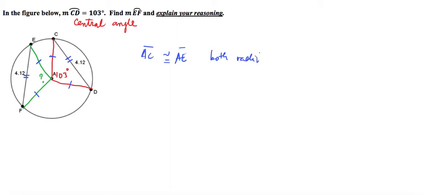Next, we can say that AD is congruent to AF, for the same reason, they are both radii. Okay? And finally, we can see that CD and EF are the same because it's given.